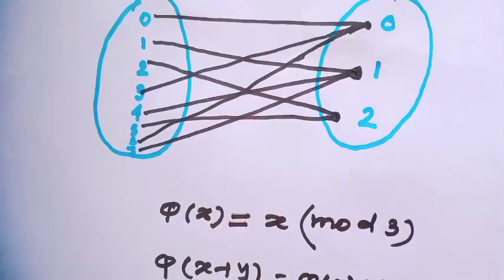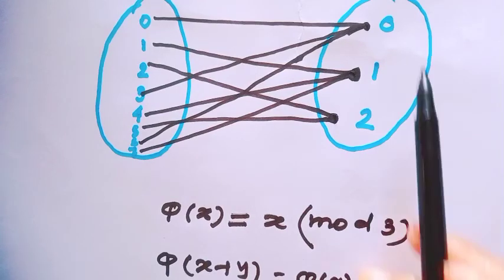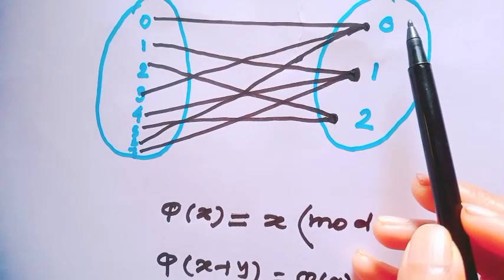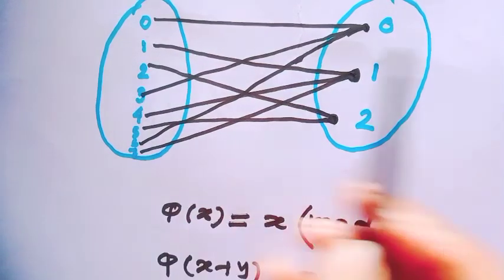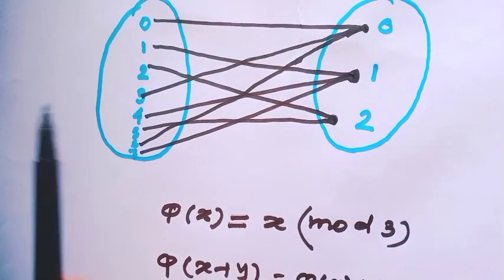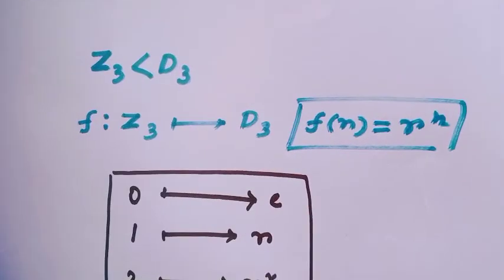Okay? Also 2 maps to 2 and 5 reduces to 2 in modulo 3. So there are 2 elements which are similar to the single element 2. And this is the homomorphism. How the structure is preserved between the 2 maps defined here. Are you getting?